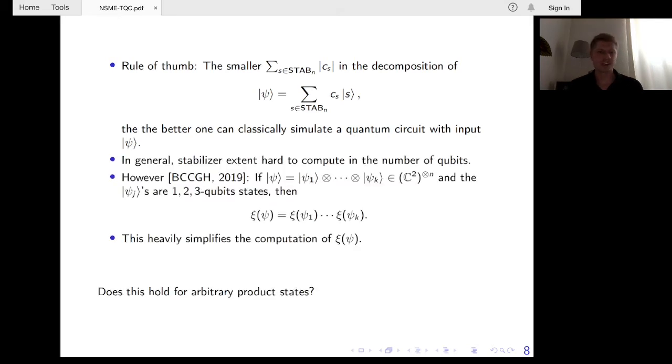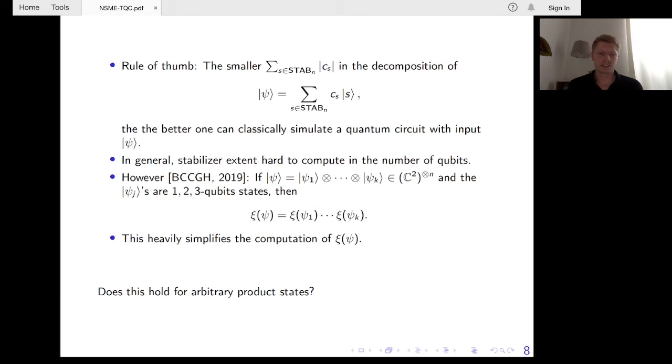Okay, so as I said before, in general, the stabilizer extent is hard to compute in the number of qubits. So it's not hard to compute in the dimension 2 to the n, but in the number of qubits n. However, the people who introduced the stabilizer extent showed that if you have a product state where each component is a 1, 2, or 3 qubit state, then the stabilizer extent is multiplicative. So then the extent of psi is simply the product of the extents of each single component.